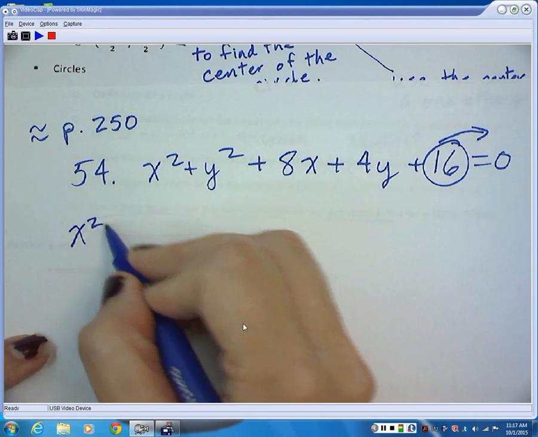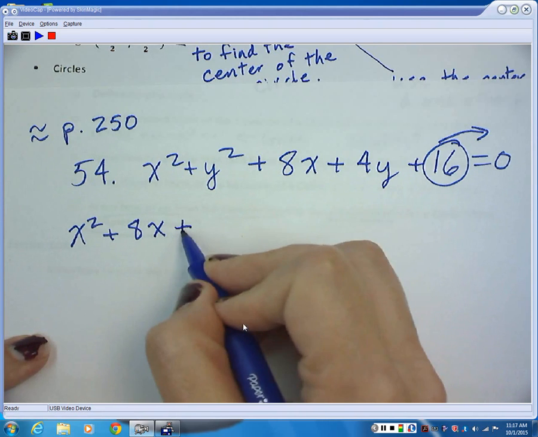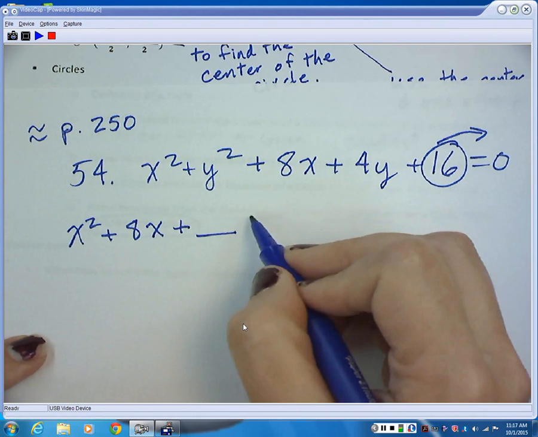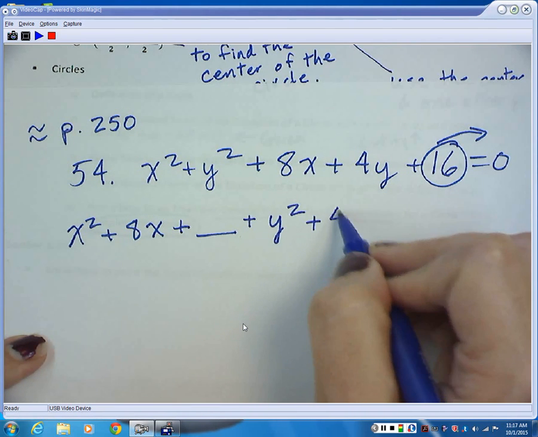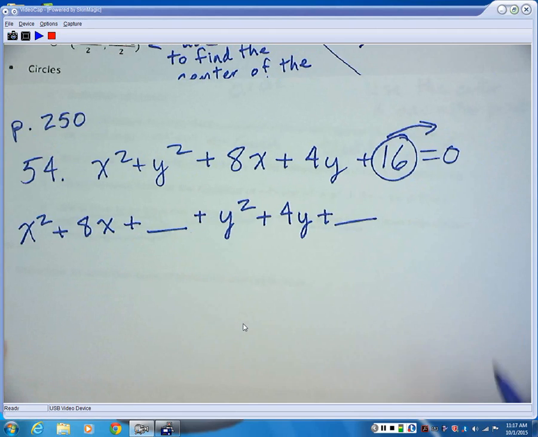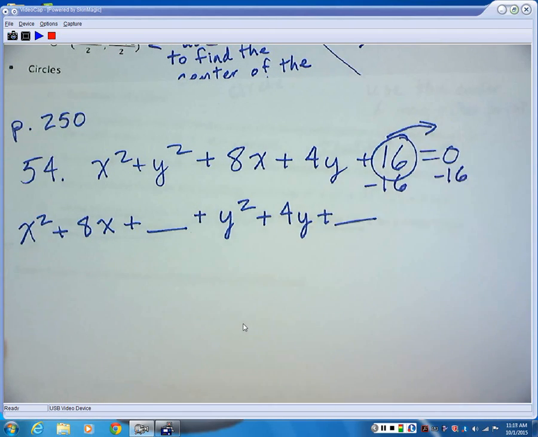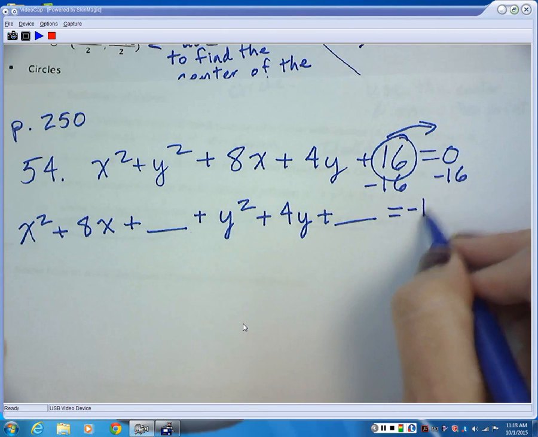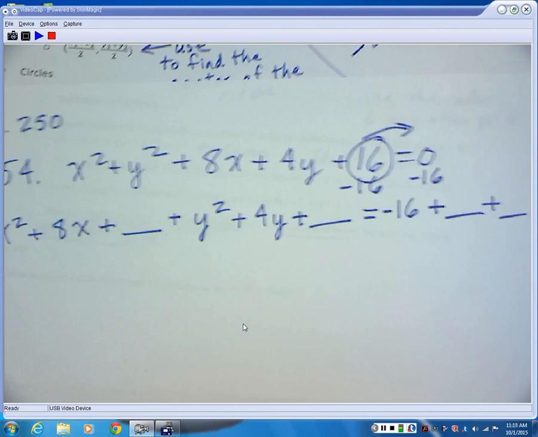So x squared plus 8x, all the x's grouped together, and then it'll be plus blank, plus y squared plus 4y plus blank, and then you would have subtracted the 16 from both sides, equals negative 16 plus blank plus blank.